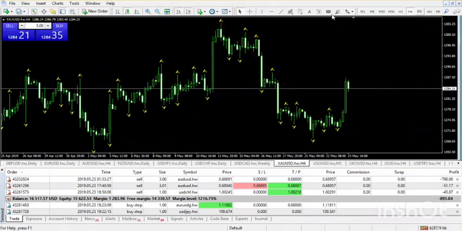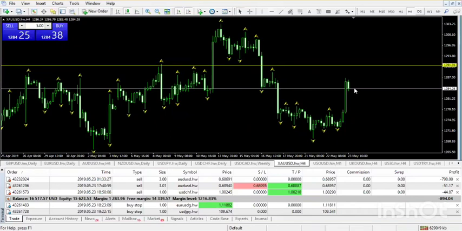So I located the pivots in the past with lines, and I was also paying attention to the candlesticks. I would take orders and I would see that it's performing really well. It's working out. That's how I understood what these are. That's when I understood there are some things called pivots.